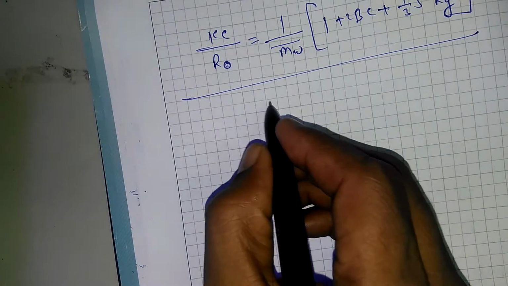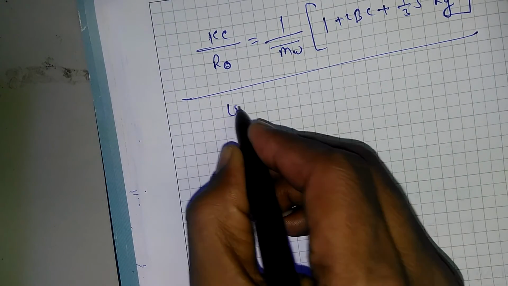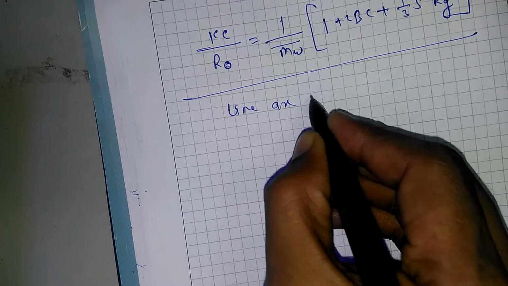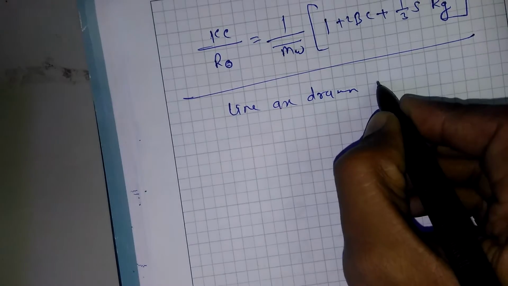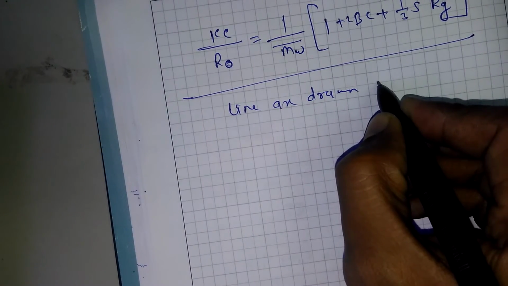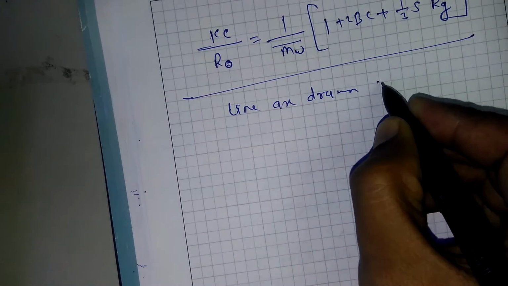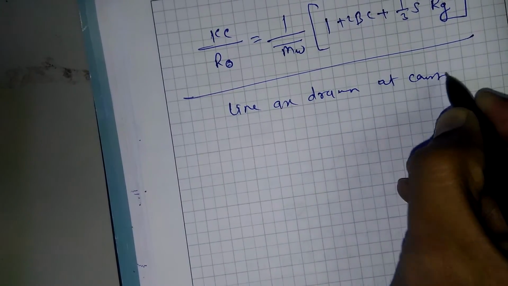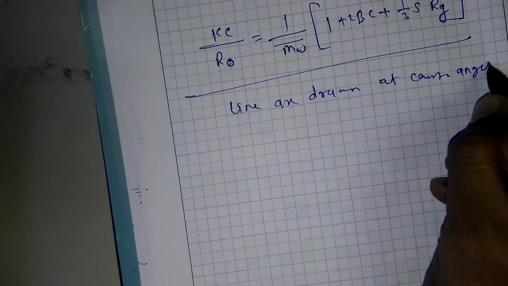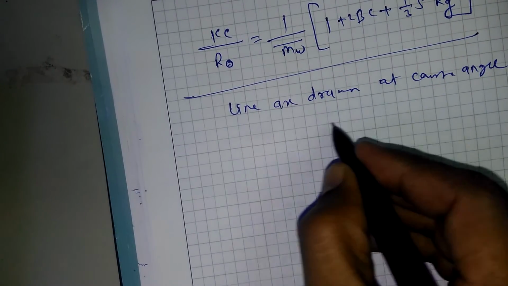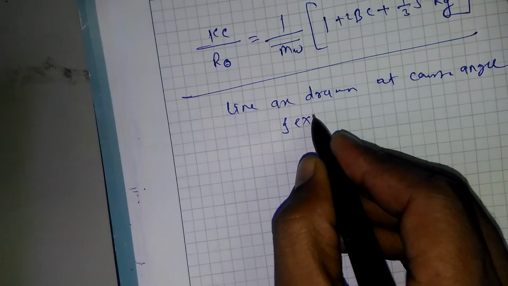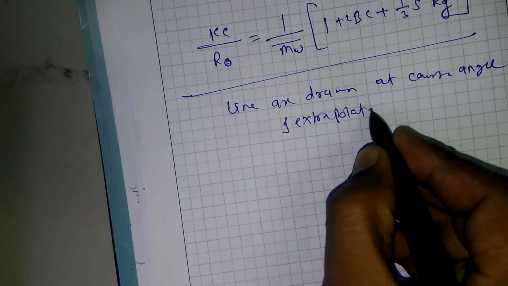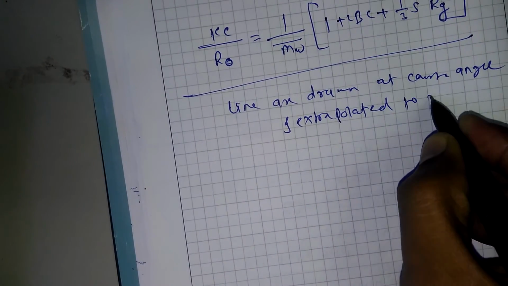In the Zimm plot, lines are drawn through the points at constant angle and extrapolated to zero concentration.